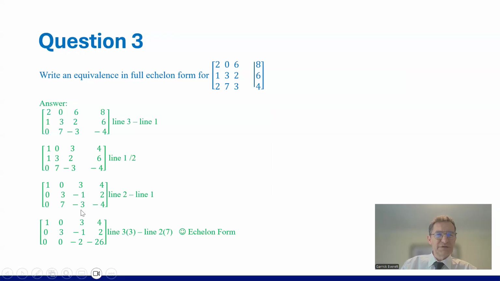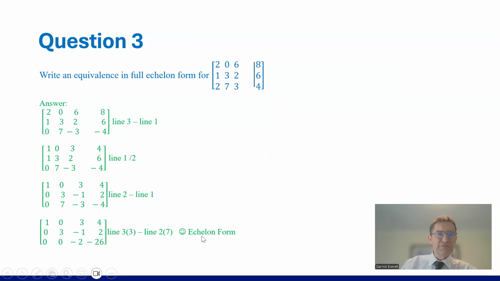So -9 plus 7 is -2. And same here, line 3 times 3, so I'm going to get -12 minus 2 times 7, which is 14. So -12 and -14 gives us -26.